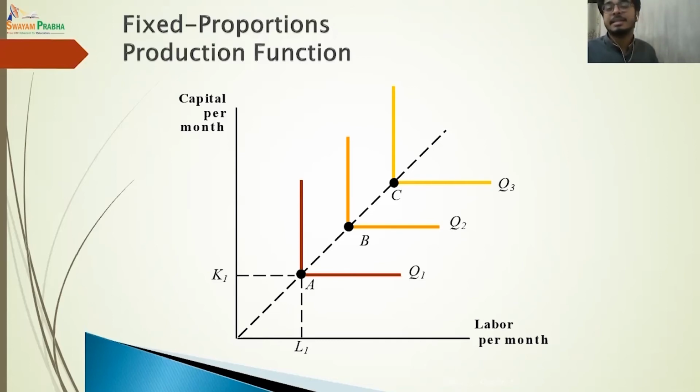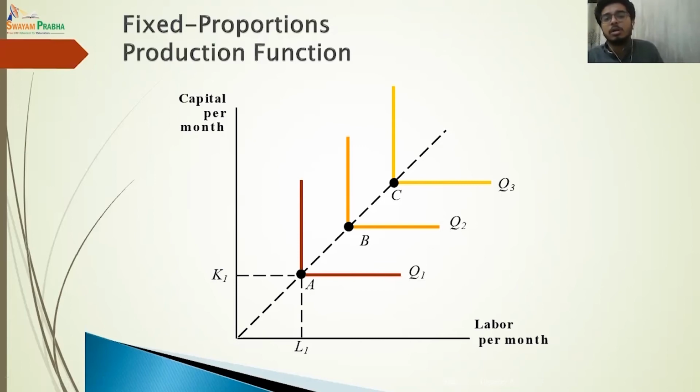And hence these perfectly complementary production functions, or we also call fixed proportions production function, where the proportion of labor and capital will remain same, like over here, and over here, and over here. If you want to measure the distance, they are often equidistant, not always. We'll discuss that shortly.